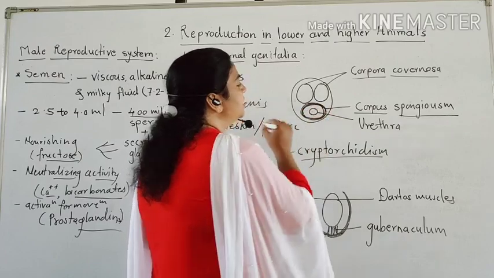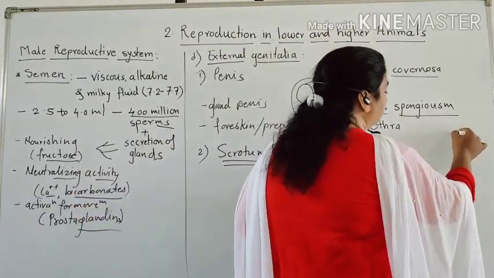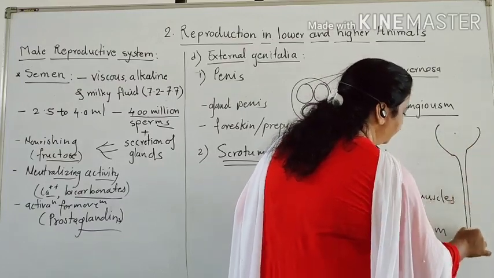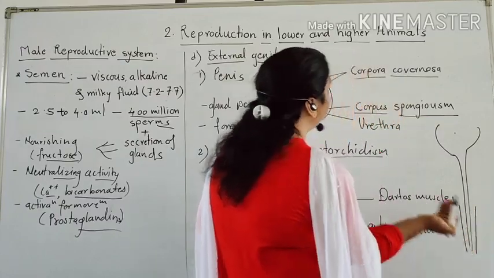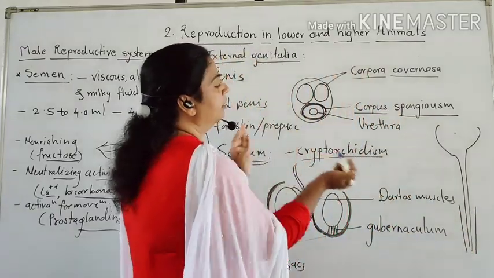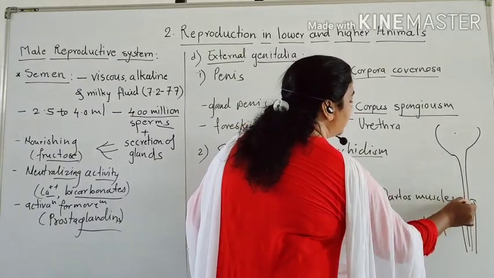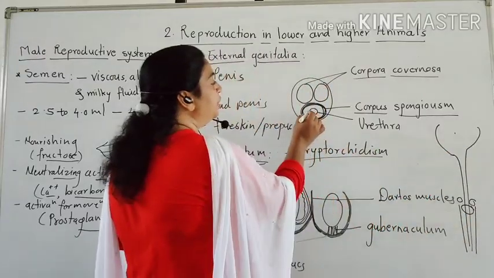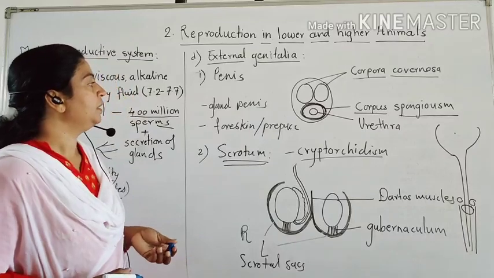From this corpus spongiosum the urethra passes. This is the urinary bladder, this is the urethra, and this last part is the penis. These two bundles are posterior, and from the anterior bundle the urethra passes.